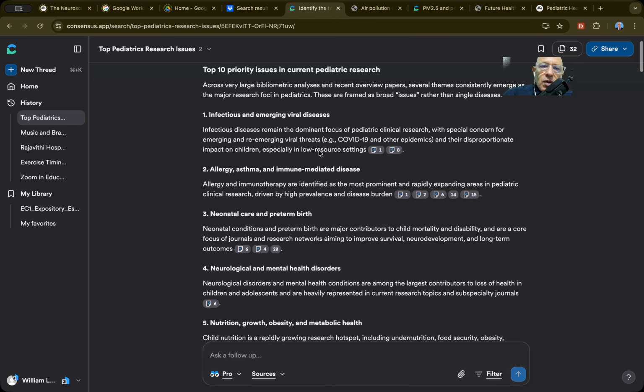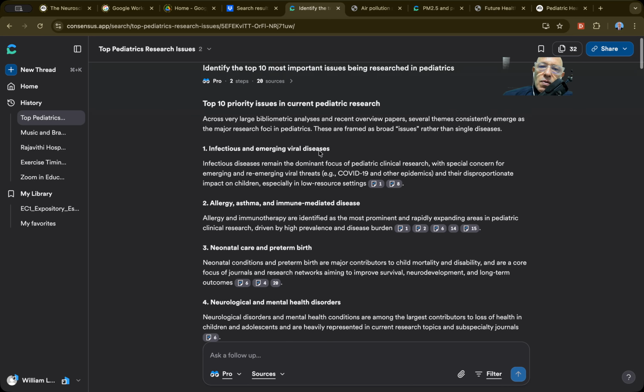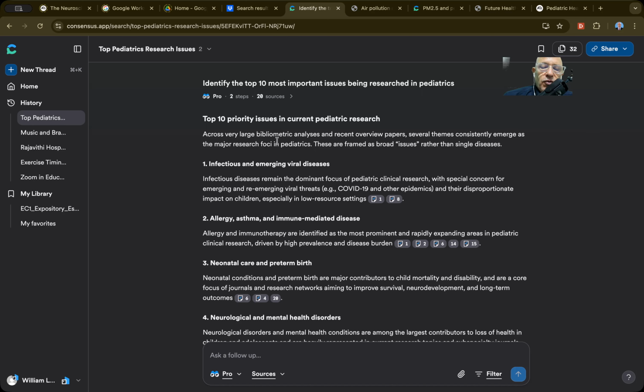So, Consensus, in a matter of seconds, identified 10. I asked it to find 10 interesting issues in pediatric medicine, pediatrics. And so it listed the top 10 in its research.